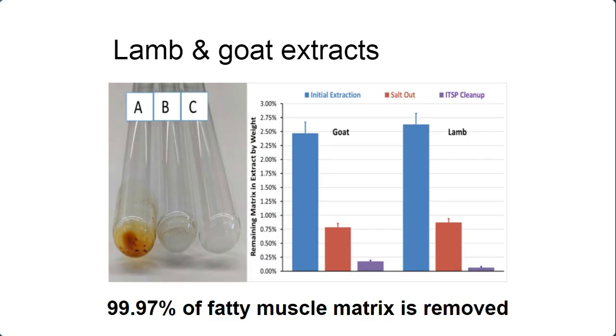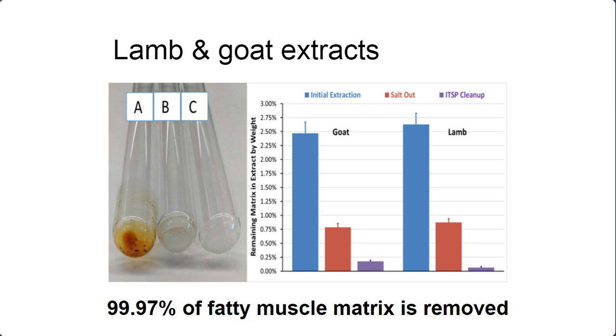Now let's look at lamb and goat extracts. On the left, you can see a picture of 3 tubes. The first tube, A, shows the evaporated extract after QuEChERS extraction for lamb. This is a very complex matrix. Tube B is after salting out, and tube C after ITSP cleanup.